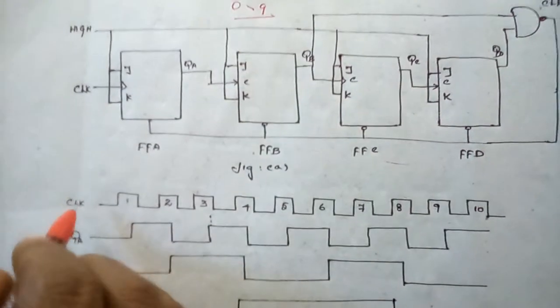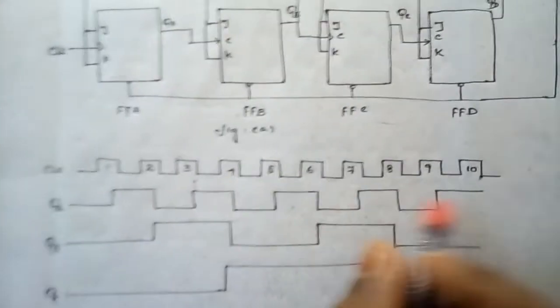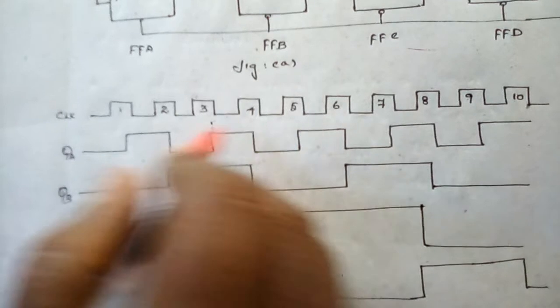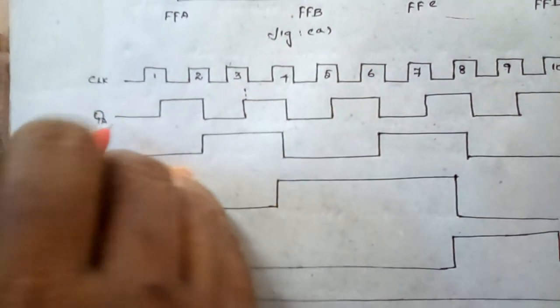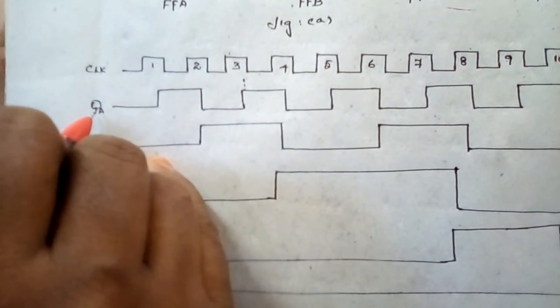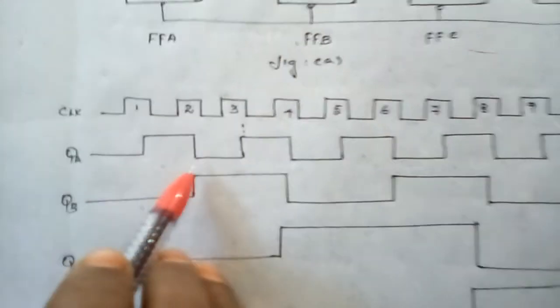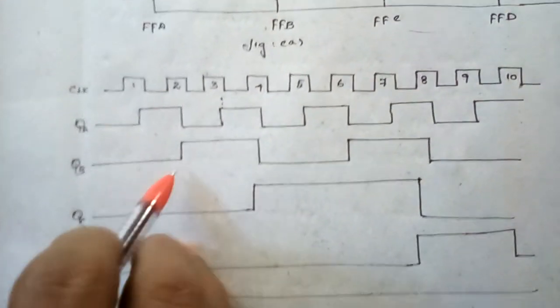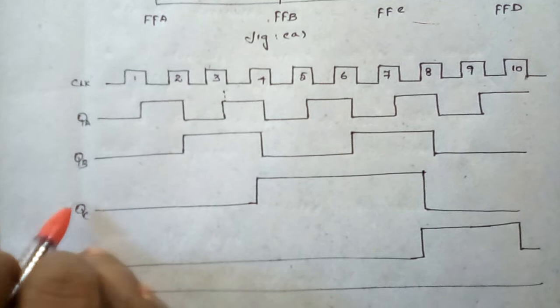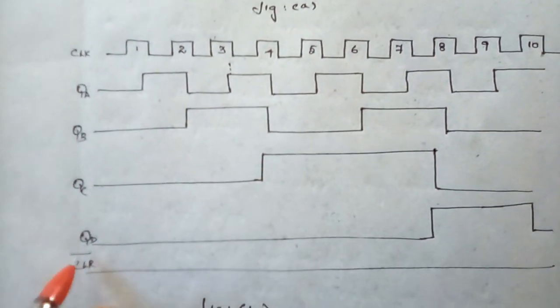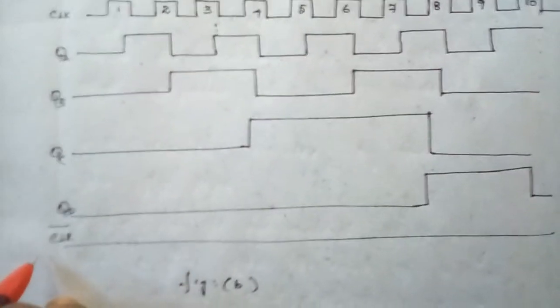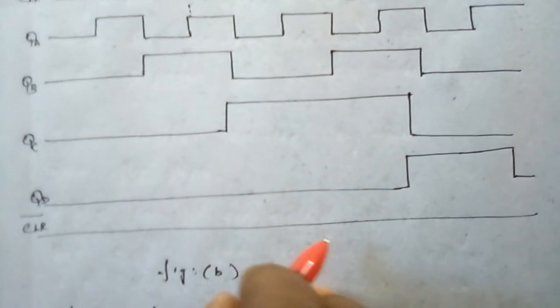Since it counts from 0 to 9, we provide the pulses: at the positive edge of the clock pulse the first flip-flop is triggered, at the positive edge of QA, QB is triggered, at the positive edge of QB, QC is triggered, and similarly QD. Finally, it is made to reset.